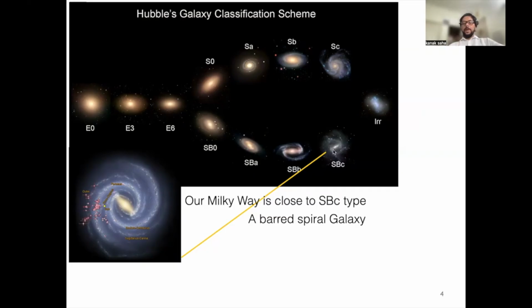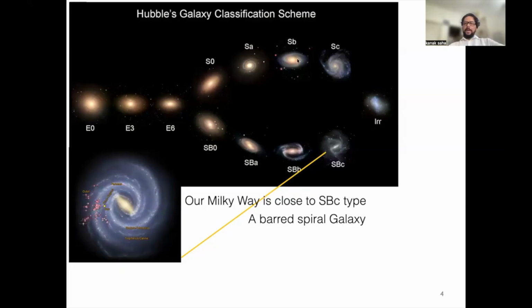In c, the spiral arms are open, and in a, the spiral arms are tightly wound. So the Milky Way, in a simple sentence, is a barred spiral galaxy.